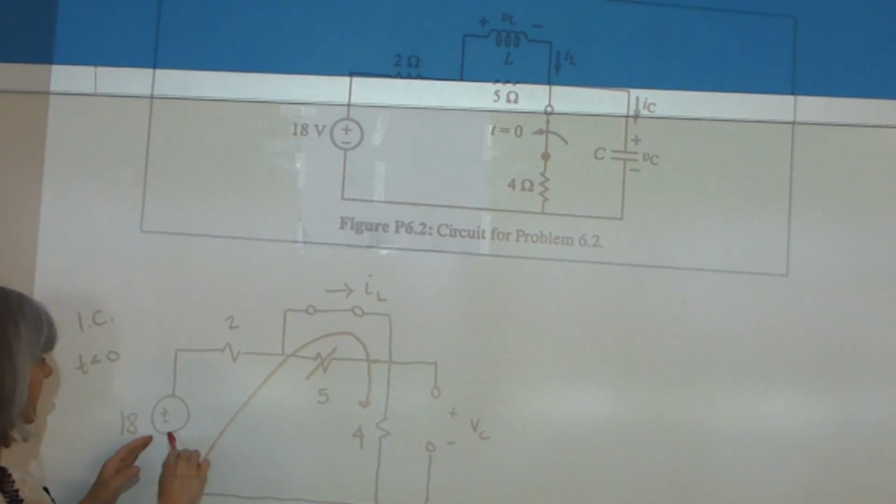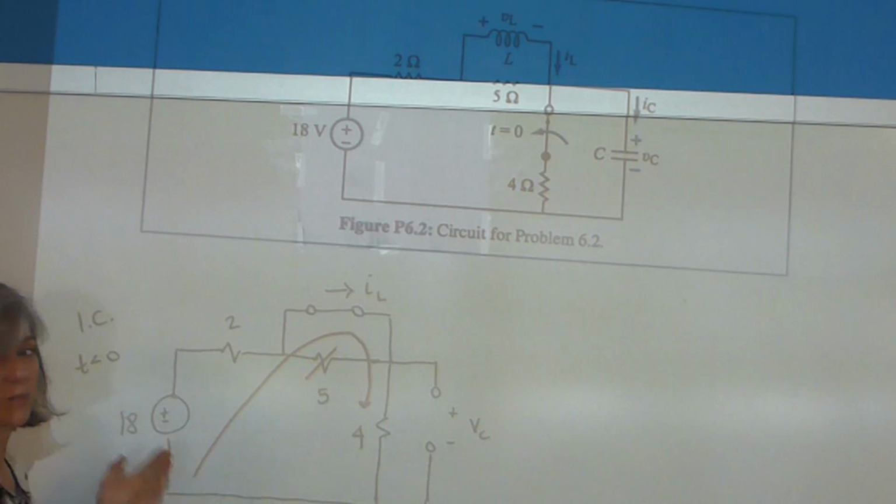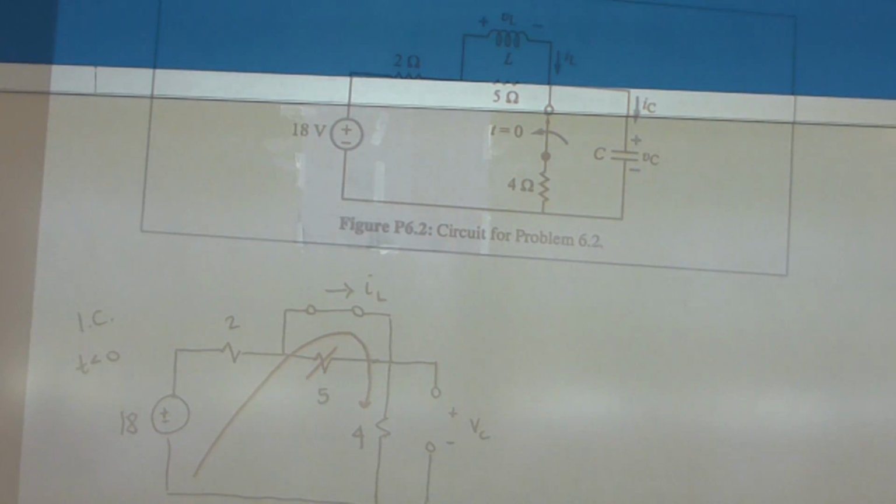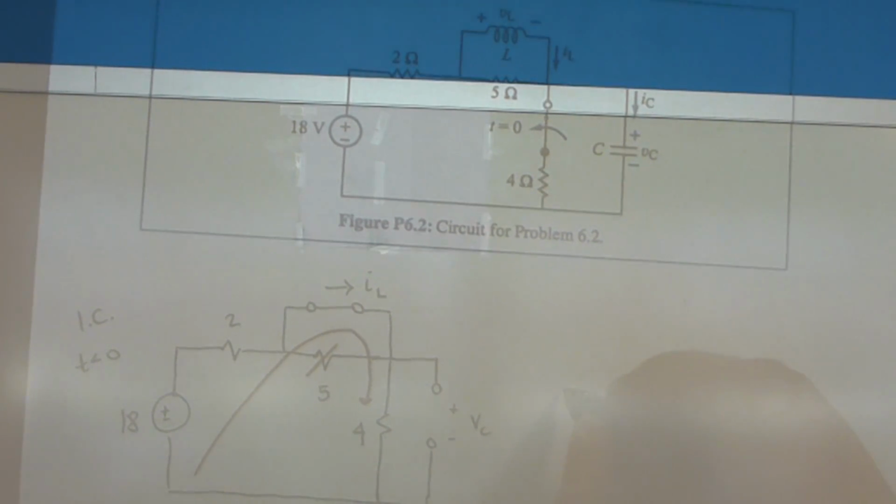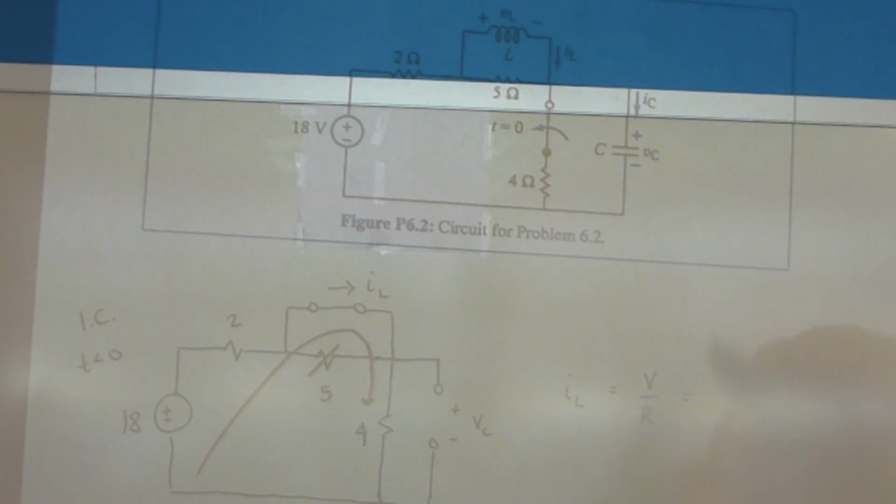Right now this is just an 18 volt source in series with 2 resistors, a very simple circuit. So I'll stick with it and say I sub L is just V over R, because the current going through the 2 and the 4 is going through the inductor. So 18 divided by 6 is 3 amps.